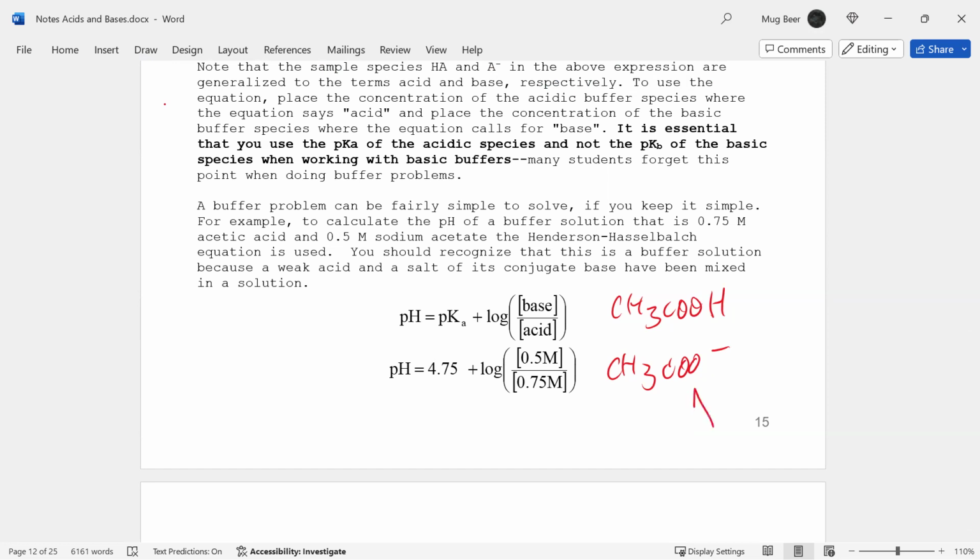Does this want to be floating around in the water by itself? Let me ask a different question. Does this want to separate into H pluses and acetates?